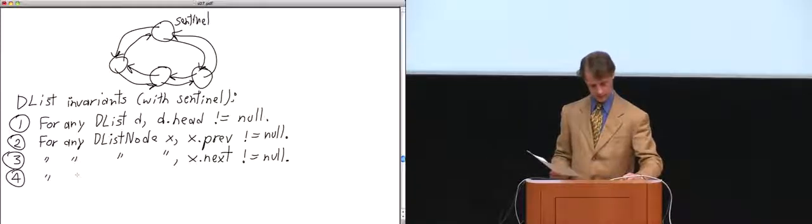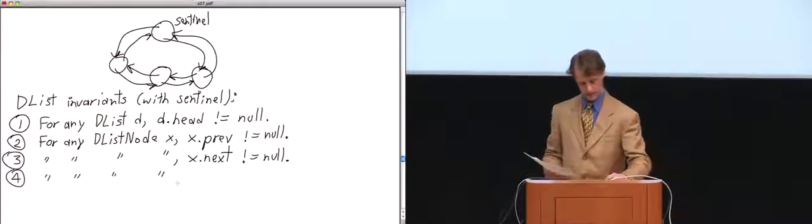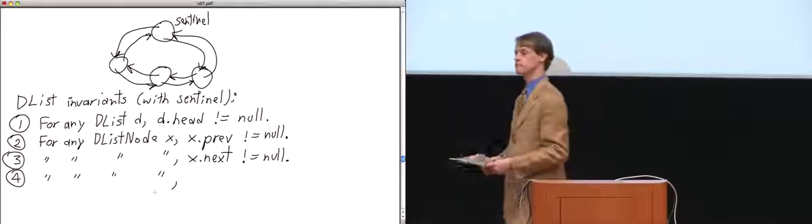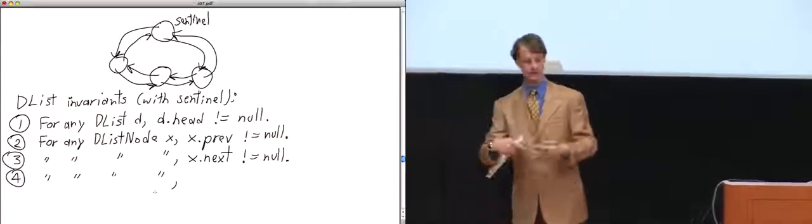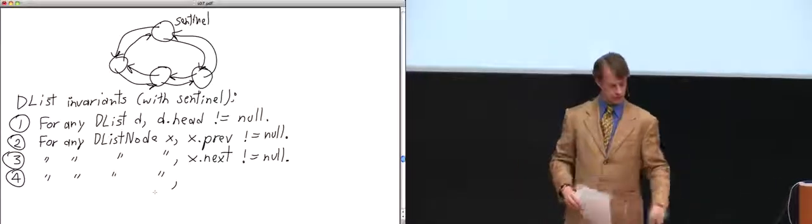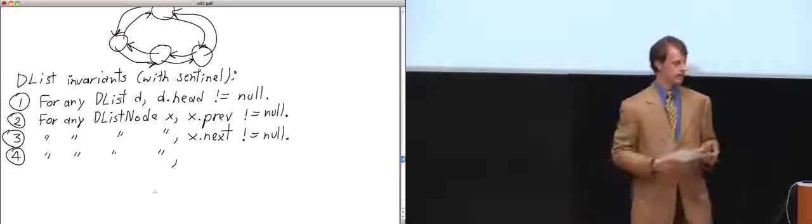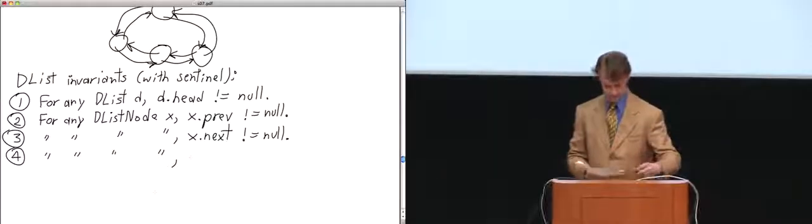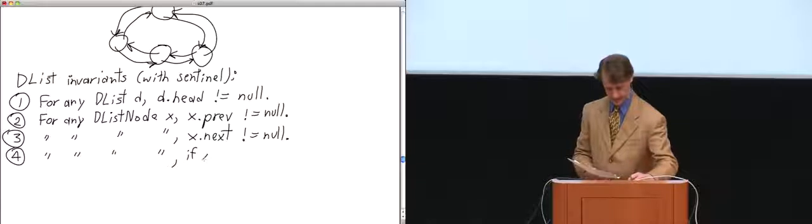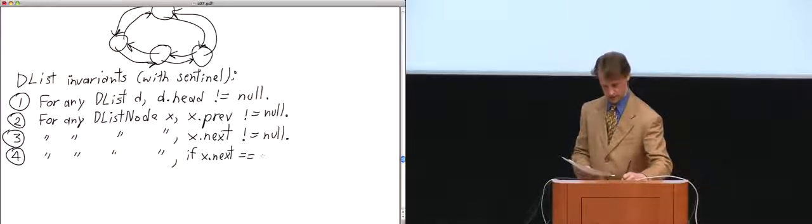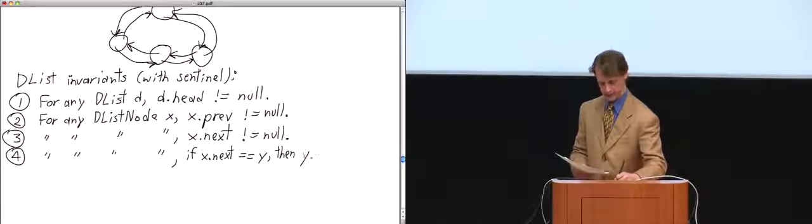There's another set of invariants that are pretty important, which are the sort of coupling invariants: if I'm holding your hand, you need to be holding my hand too. Or specifically, if x.next points to a node y, then y.prev needs to be pointing back at x.